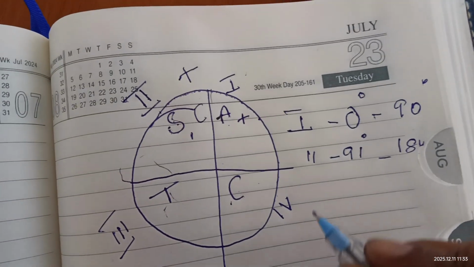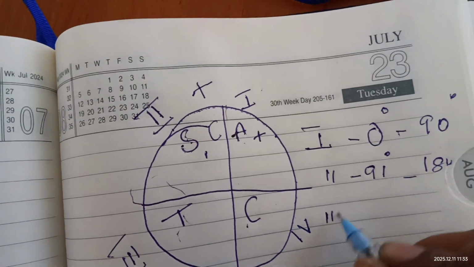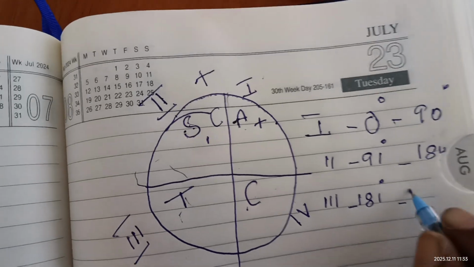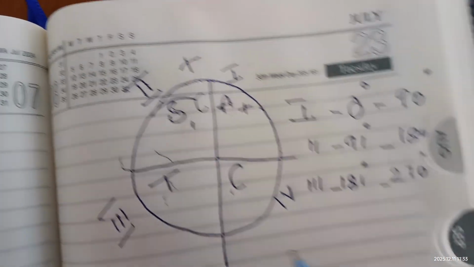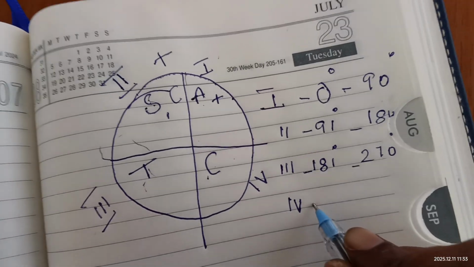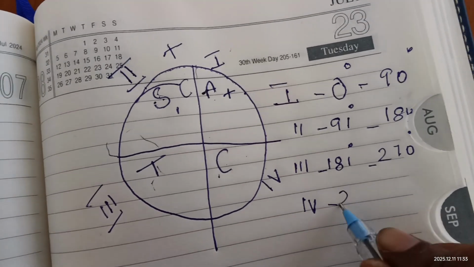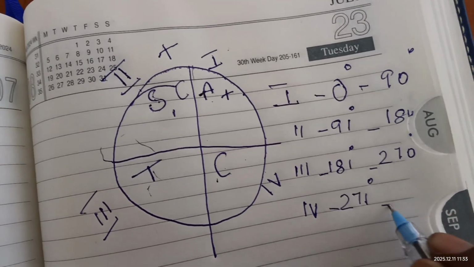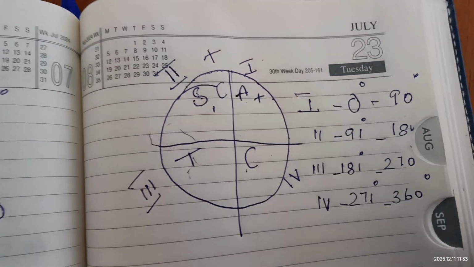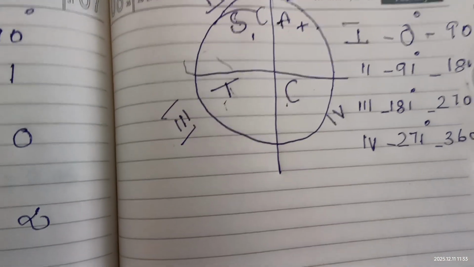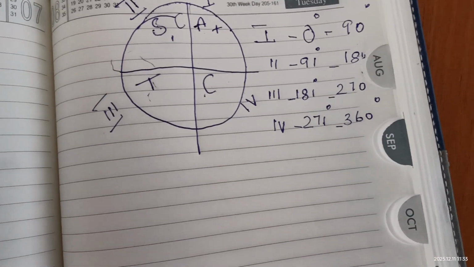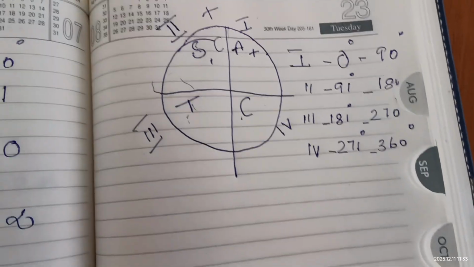In the third quadrant, from 181 degree to 270 degree. And in the fourth quadrant, from 271 degree to 360 degree. Have you all understood? So, to find the quadrant, we have to divide the given angle by 90 degree.